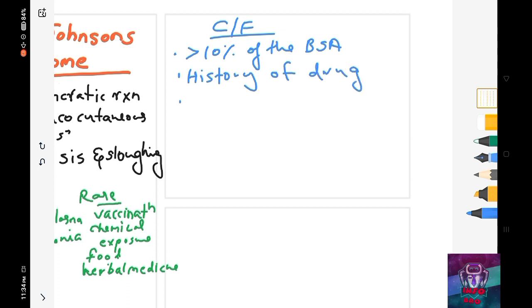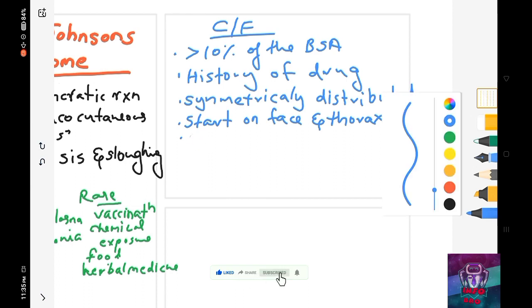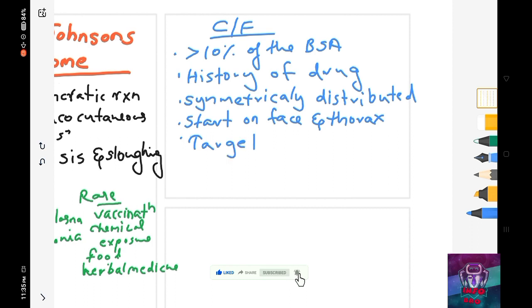There will be a history of drug intake prior to the onset of the rash, and it is symmetrically distributed. The rashes start first on the face and thorax, and the lesions progress to epidermal necrosis and sloughing, which I already discussed.